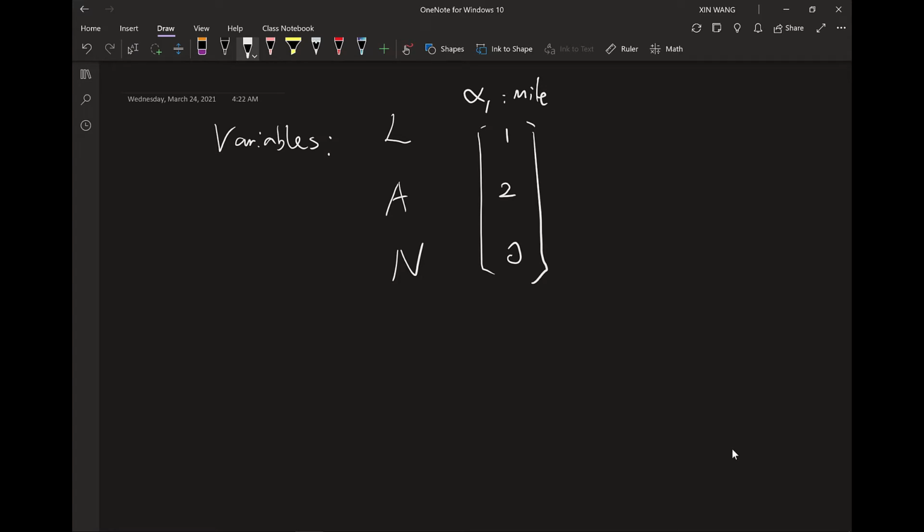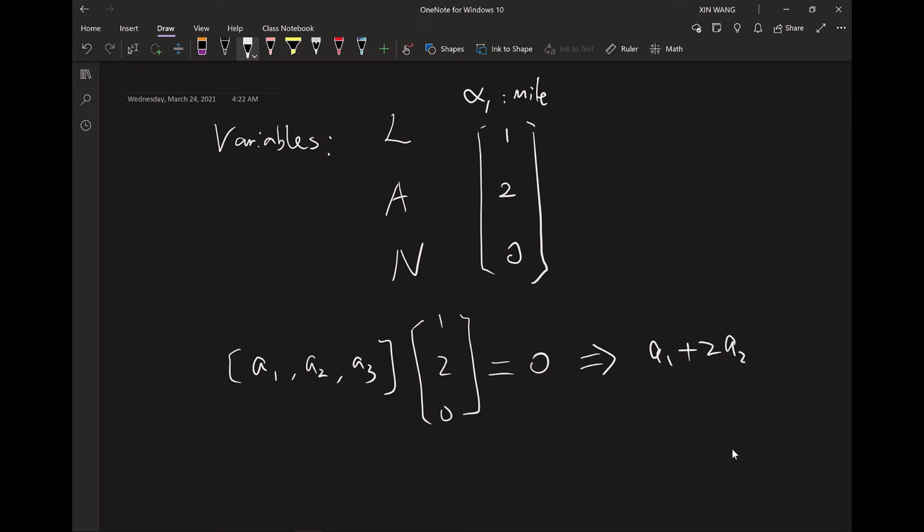We use the method introduced in the previous course to solve the dimension matrix. This gives us the solution A1 plus 2 A2 equals 0, because it has nothing to do with A3. The rank of our dimension matrix equals 1, and we have 3 variables, so we will have 2 unitless parameters.